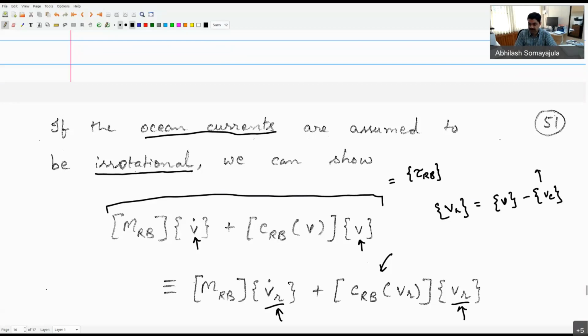So this is the current velocity, and this is my actual velocity. Why would I want to do that? Because in that case, I directly get the relative velocity of my craft with respect to the current. This can be directly used in the lift and drag computations.